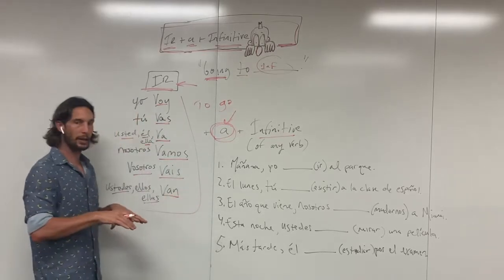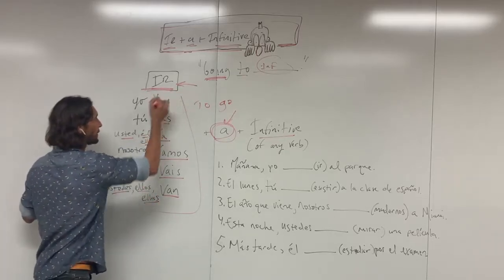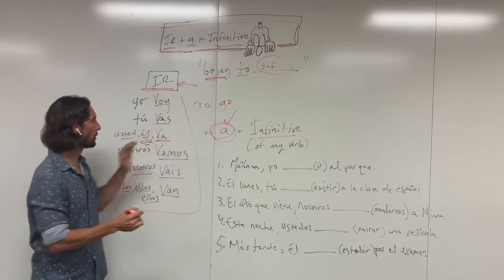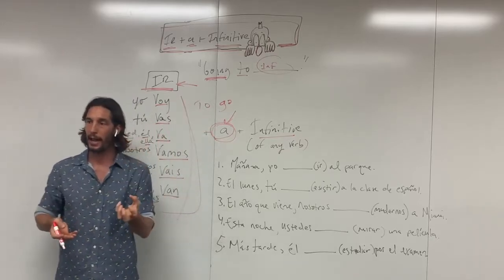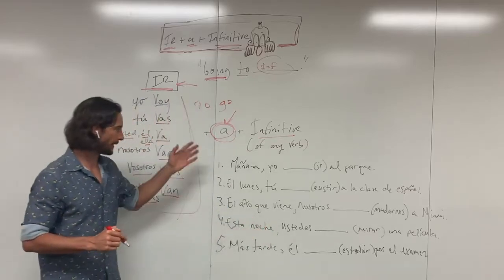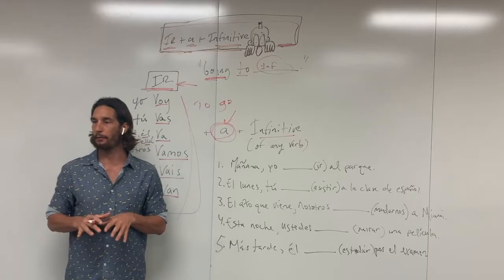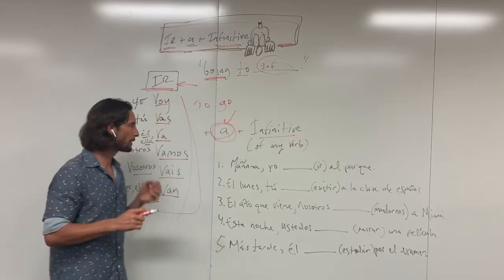Again, just to reiterate to you guys, it's the verb ir, which means to go. These are the conjugations, and then you pair it with the letter a, and then you follow that with an infinitive. So we're going to take a look at some examples, and hopefully this will be enough to help you understand how this works. Now, I will say this.